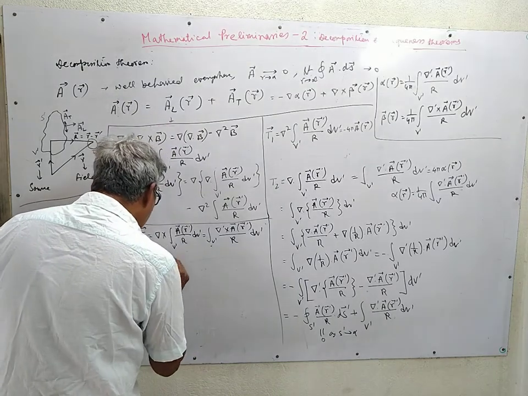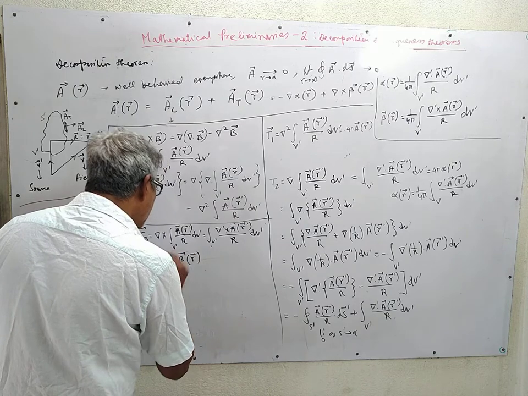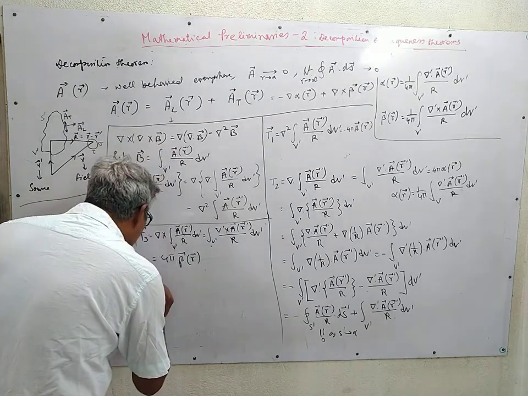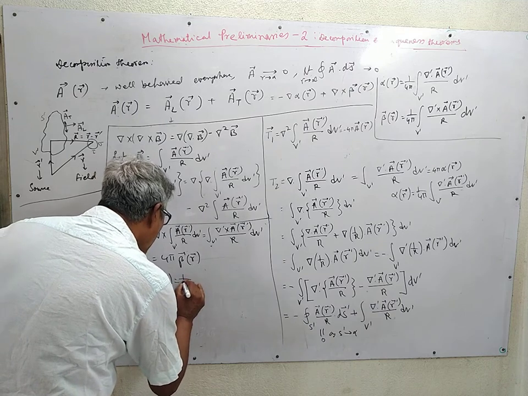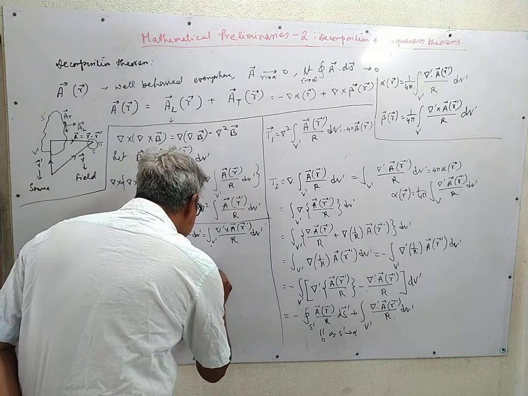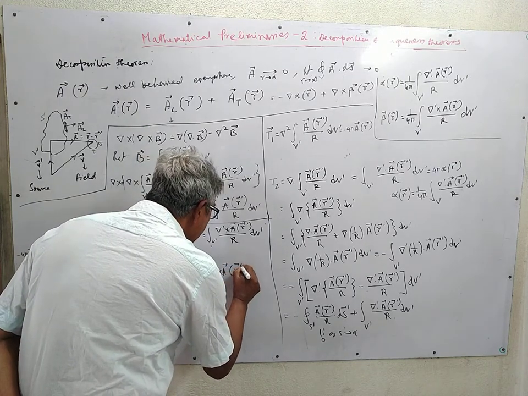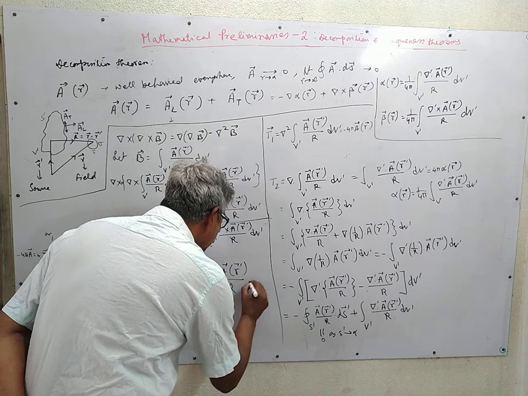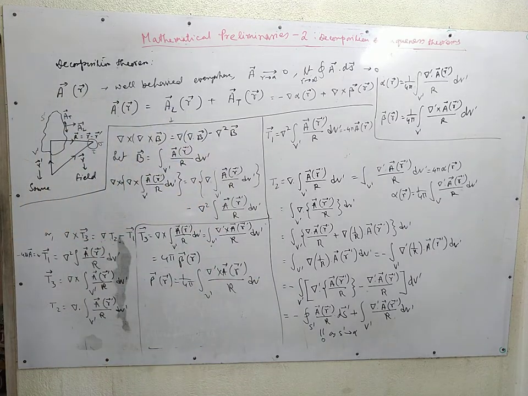We call it 4 pi beta of r, so that beta is equal to 1 upon 4 pi integration over V prime. So this is the final result.